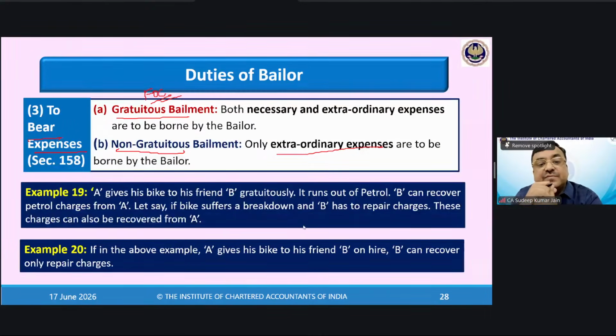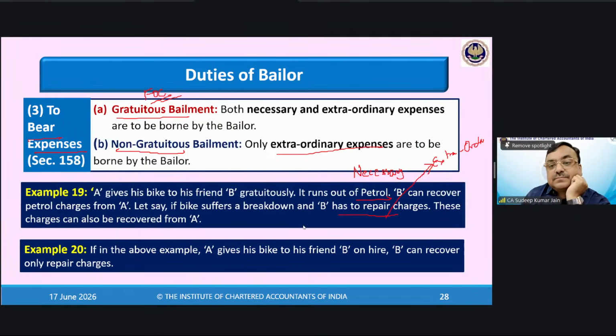A gives his bike to his friend B gratuitously, that is free of cost. It runs out of petrol. B can recover petrol charges, necessary charges, from A. Let's say if the bike suffers a breakdown and B has to pay the repair charges, these charges can also be recovered from A. So in example number 19, petrol charges are necessary to run the bike and repair charges are extraordinary, कभी कभी होने वाले.